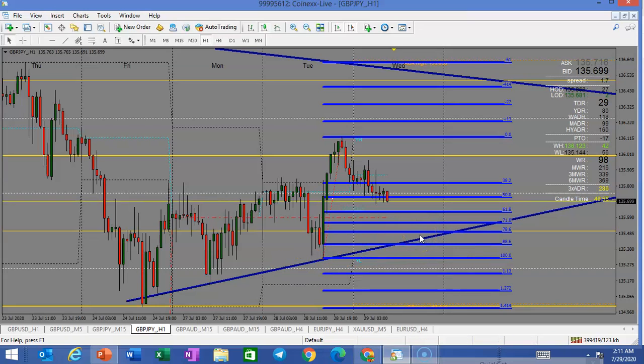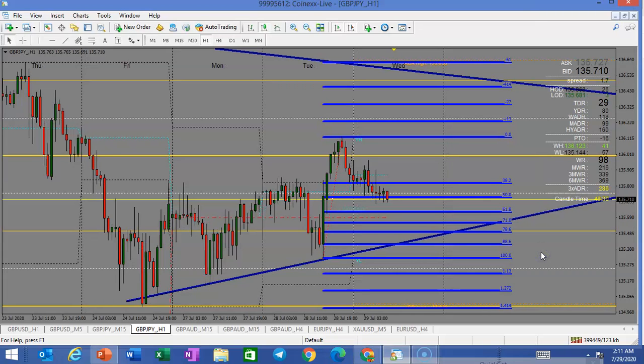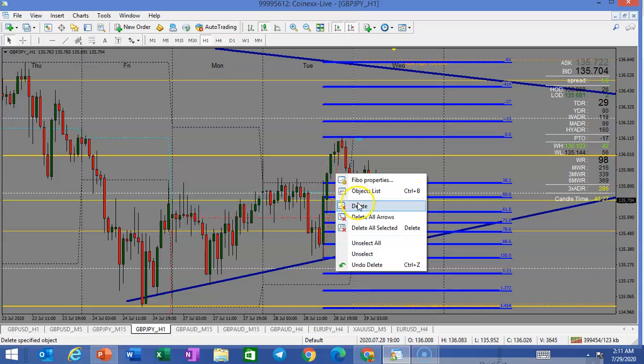So it's safe to say that price action could very well come down to the 78 or even the 88 before it rallies back up. So I can either put a buy limit at these levels, or I'll just wait to see what price action is going to do.